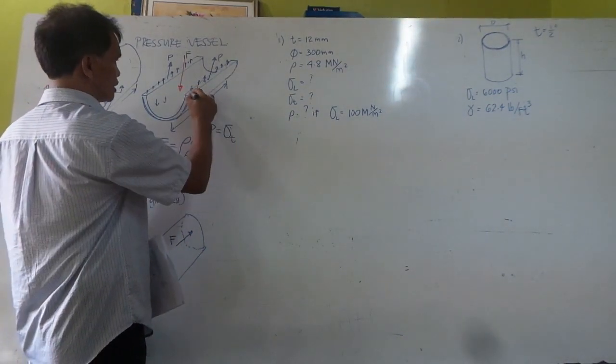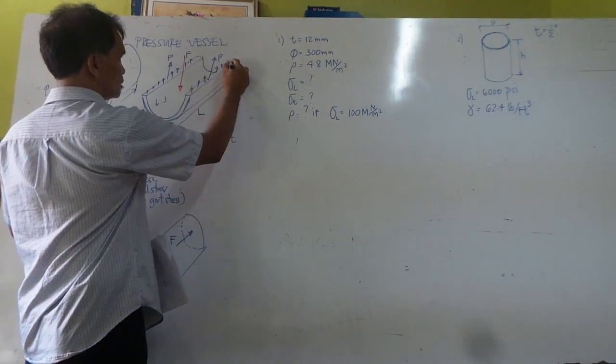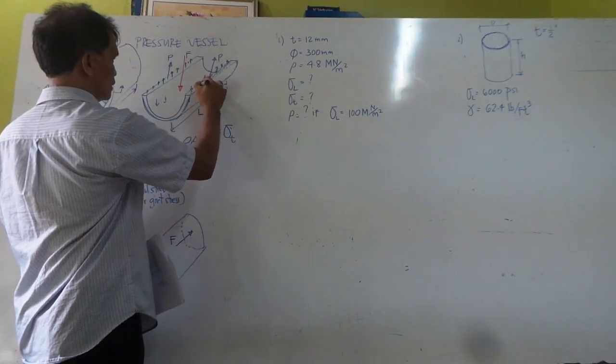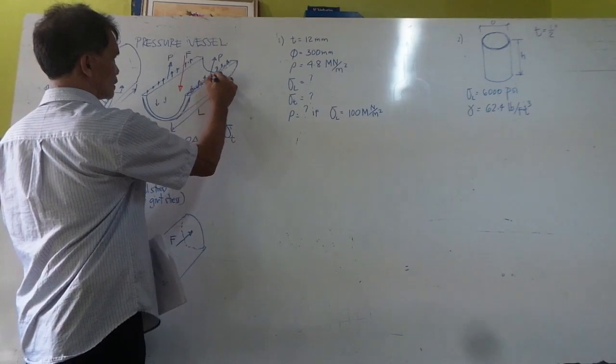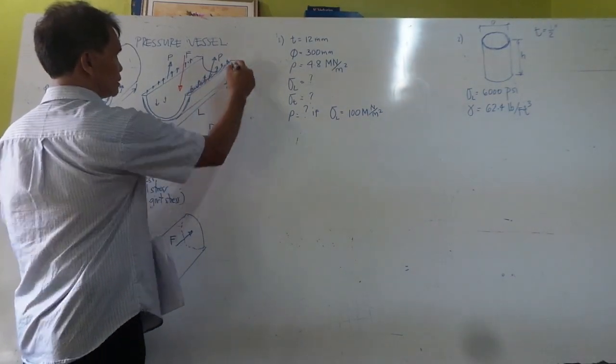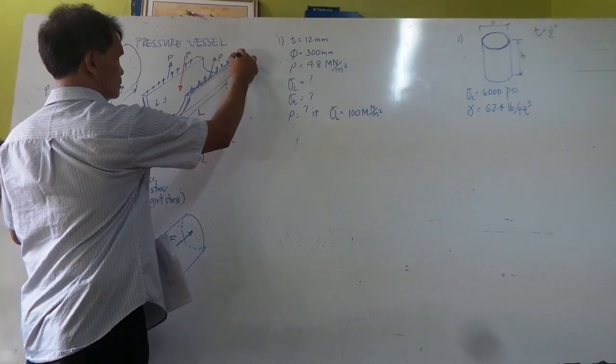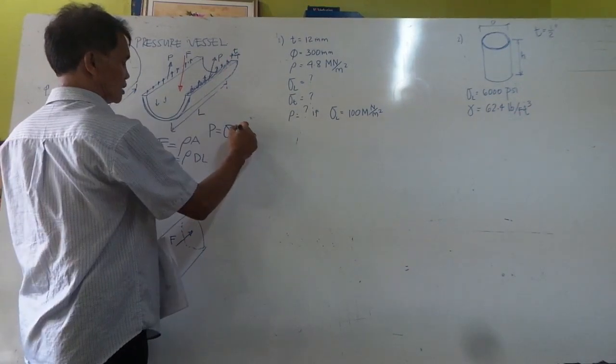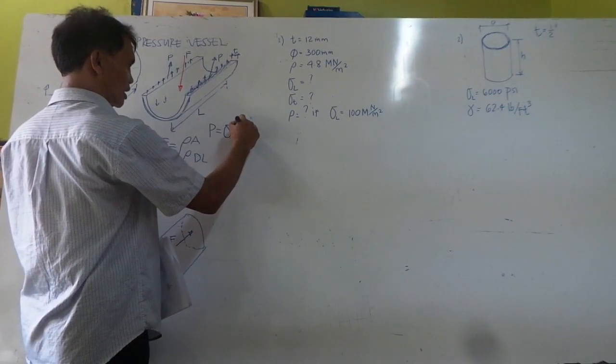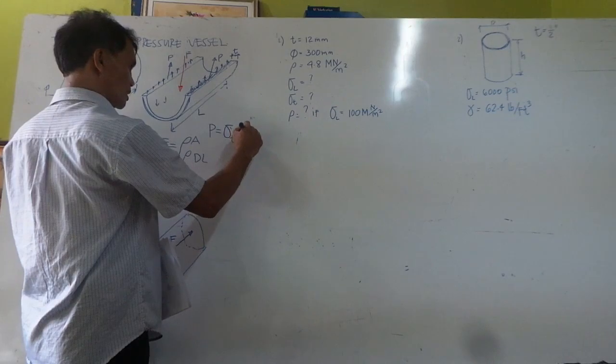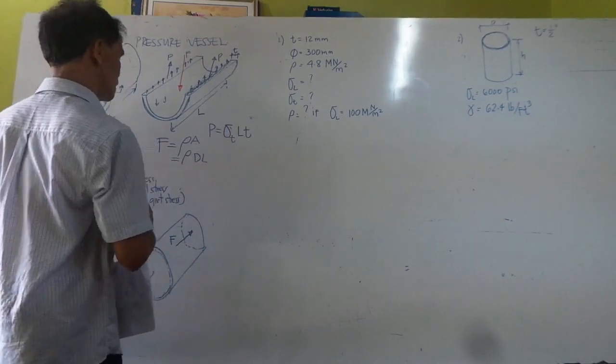Tangential stress times this area, which is equivalent to the length times the thickness. So the area is the length times the thickness.